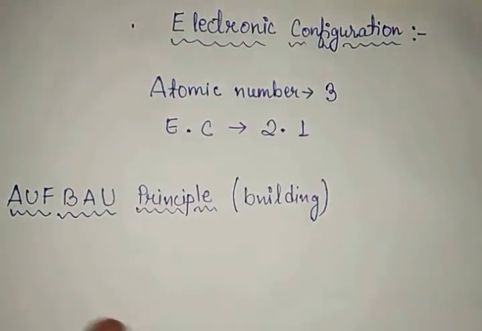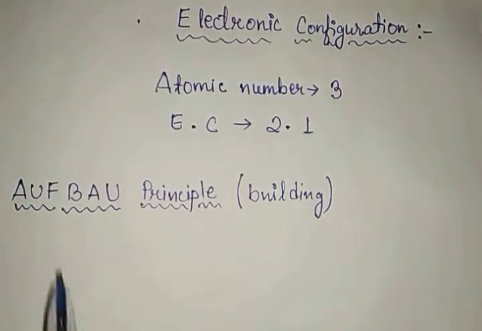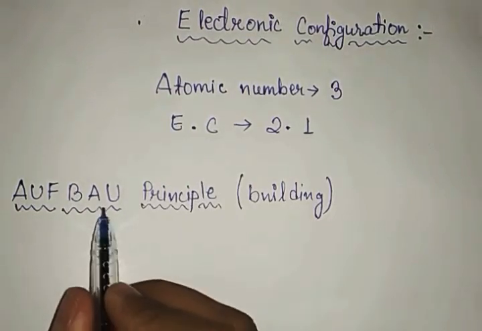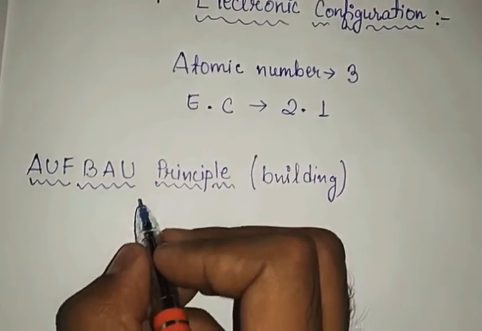But at present, what I am going to write is the order of writing the electronic configuration. On the basis of the Aufbau principle, from now onwards, we will be writing the electronic configuration in this way.